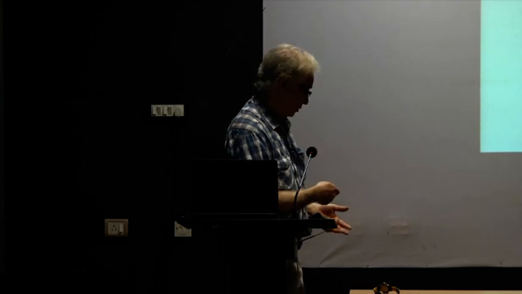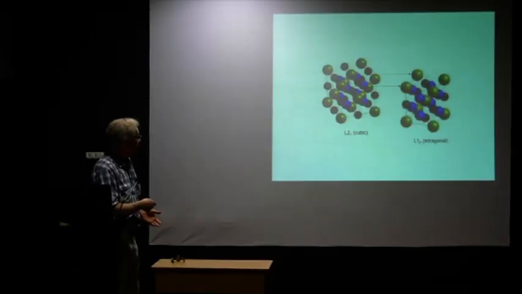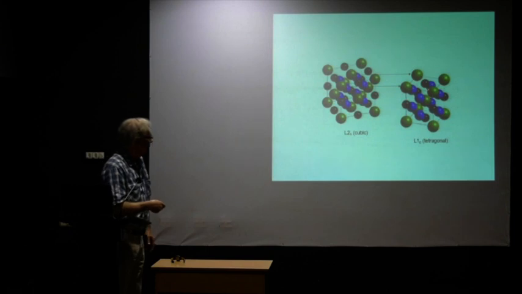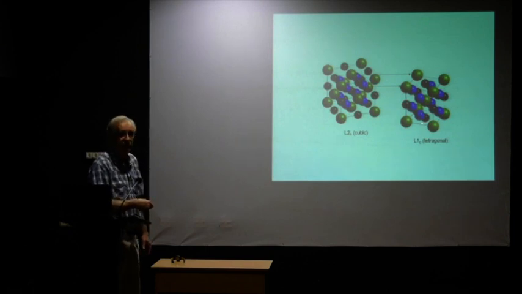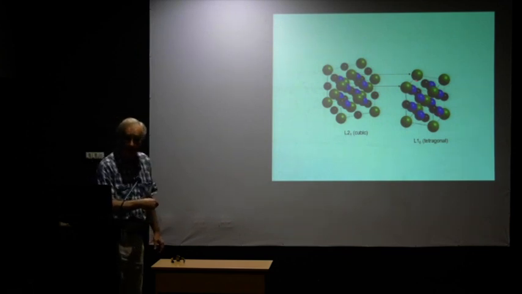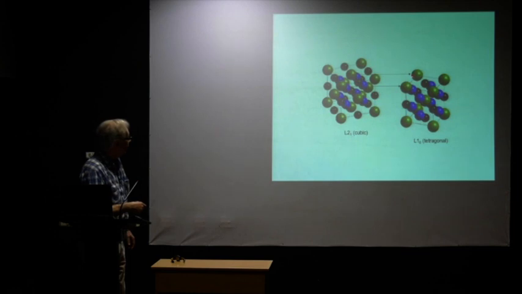Now, if you look at this, we can visualize a tetragonal crystal structure within this L21 structure. Now, if we look over here, look at these two atoms, those are these two, and then you go to the next unit cell, and then you have these two, and then you have these.